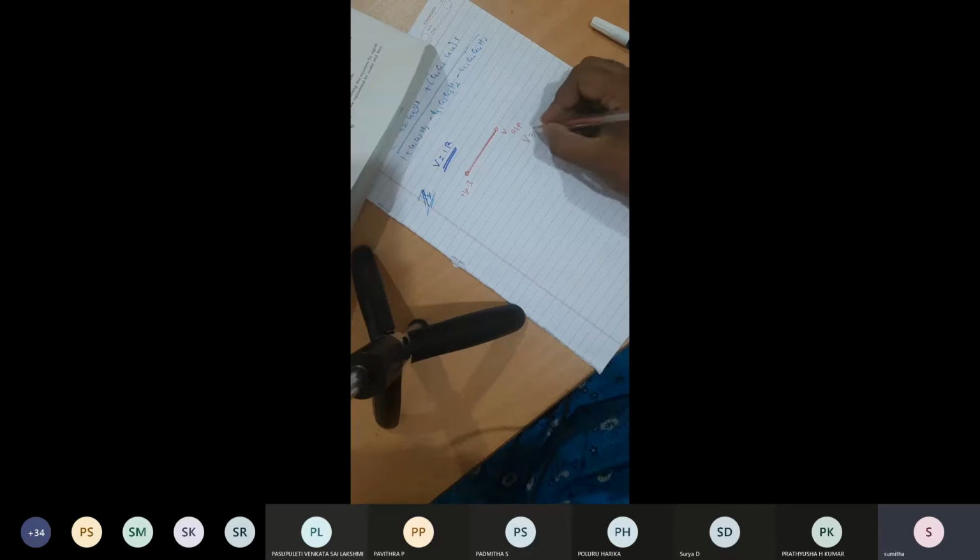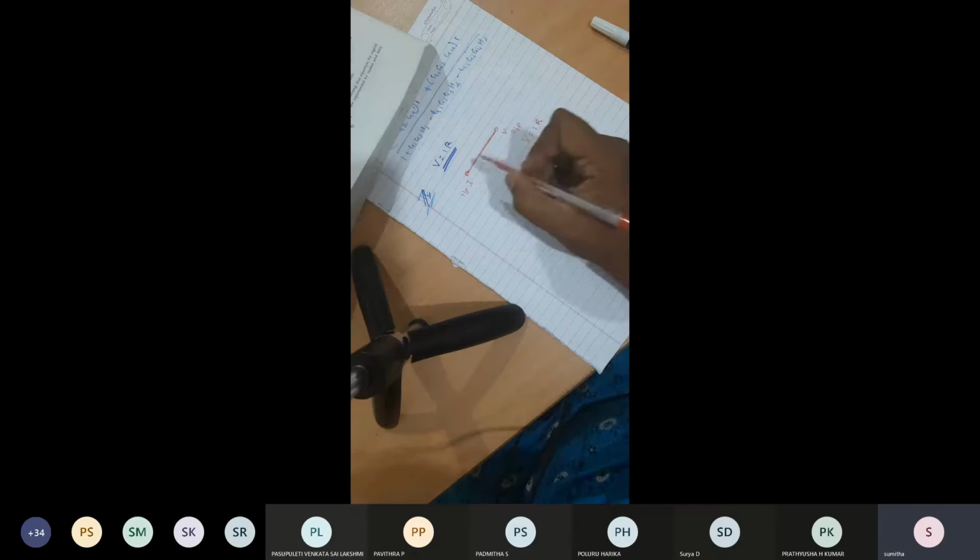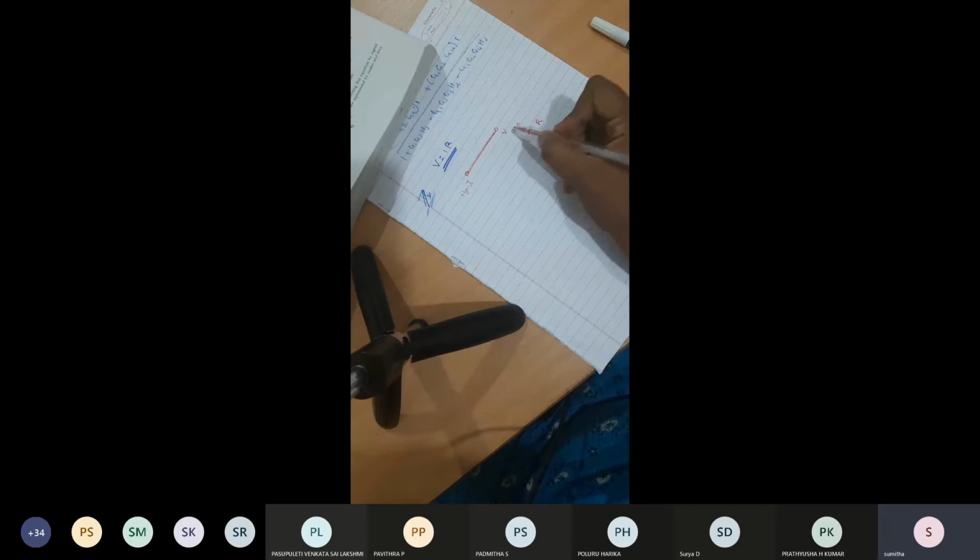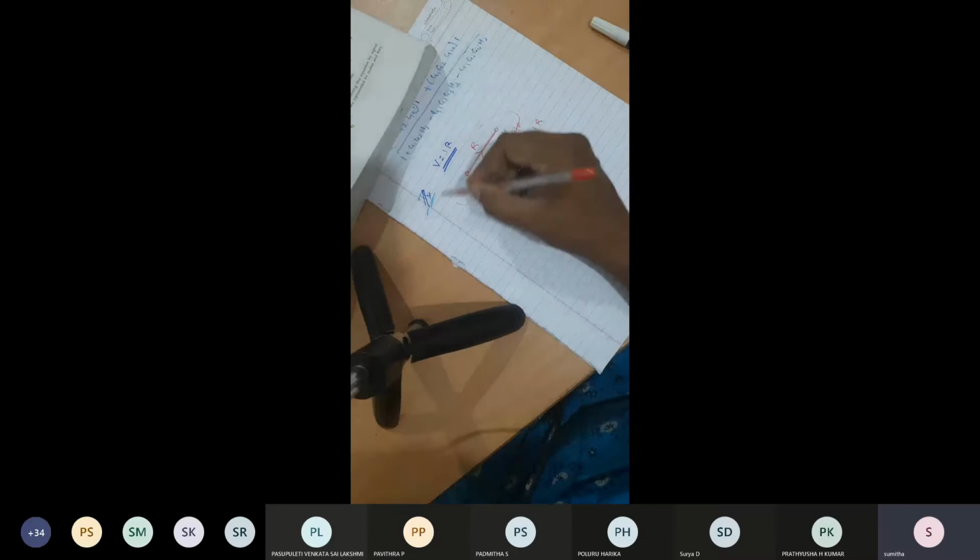At V, I have to get I into R. So from this point, I should get this current along with this R. This is called signal flow graph for this equation. So at the output, V is equal to IR, I want. So how are they flowing? They should reach the output. This is called signal flow graph.